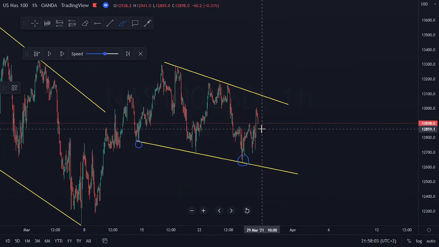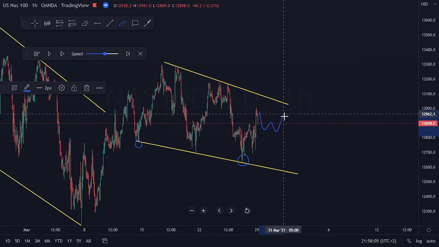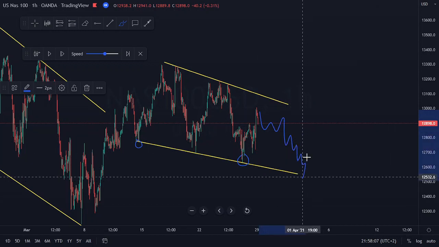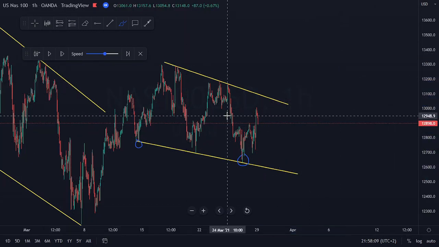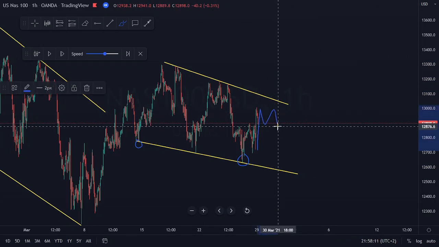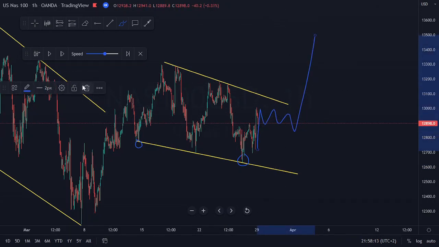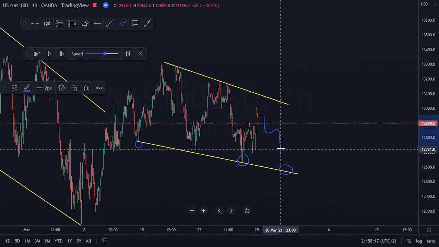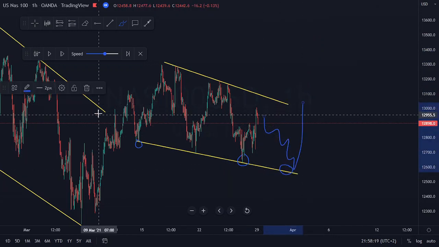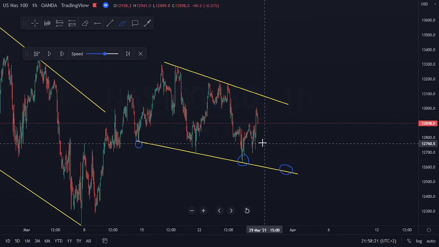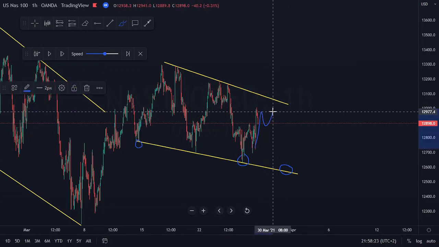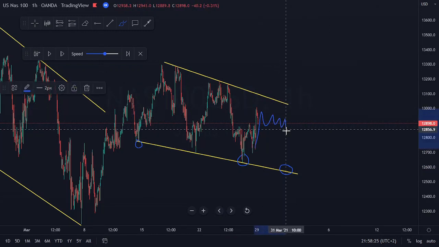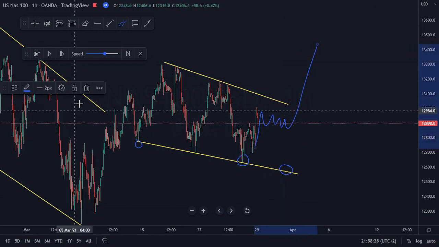If the third touch is to come, I would expect it comes with that. If we can descend, then I'll be looking for the buys. If we can get this, I'll be looking for the buys also. This is what I'm looking for the market to come here. That is my go-to setup. But the override would be if the market gives me a bullish flag inside, then I would take that to the upside.